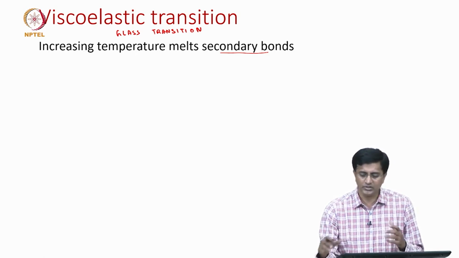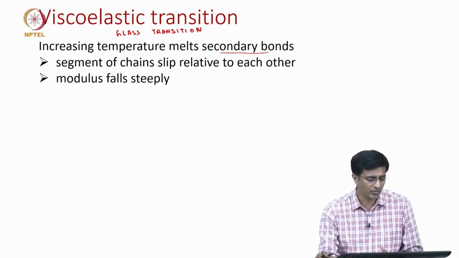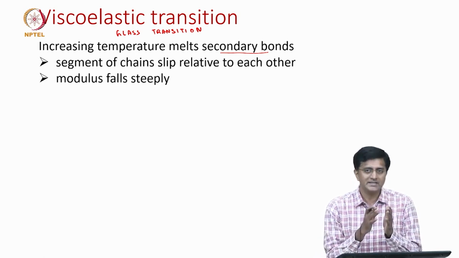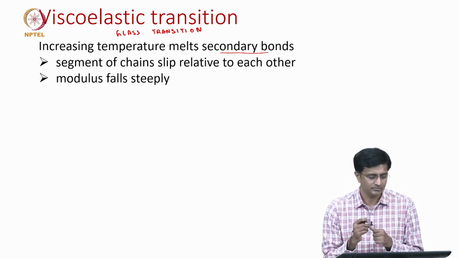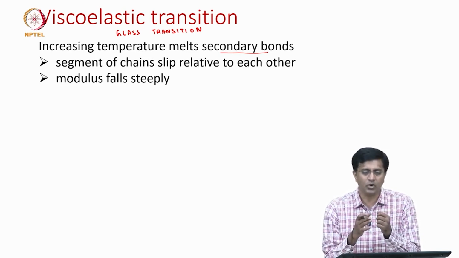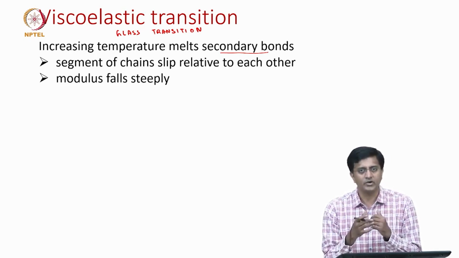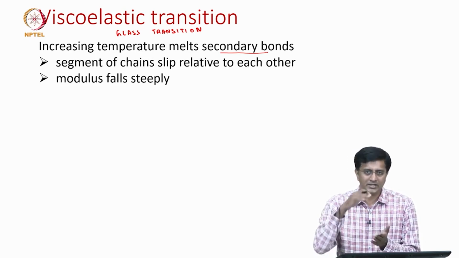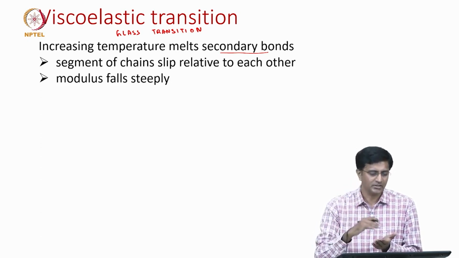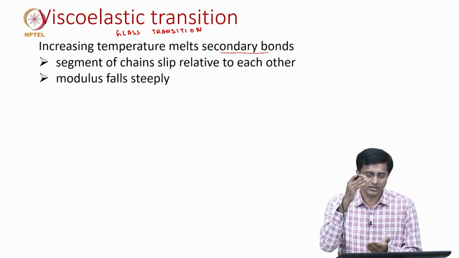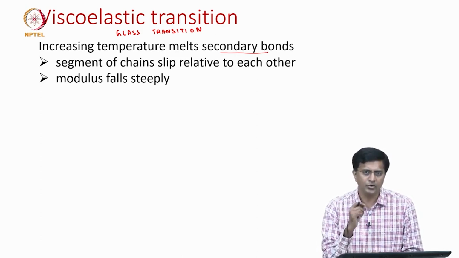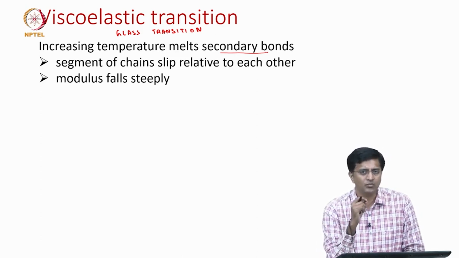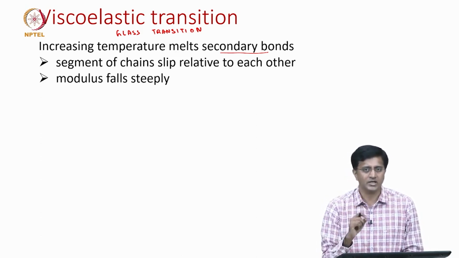Because of the breaking of the bonds, these polymer chains are now free to slip or slide against each other. Since the chains are sliding against each other, the modulus suddenly drops, or the change in the modulus is very high. Now, we will dig deep into why this modulus drops and why this change is large.